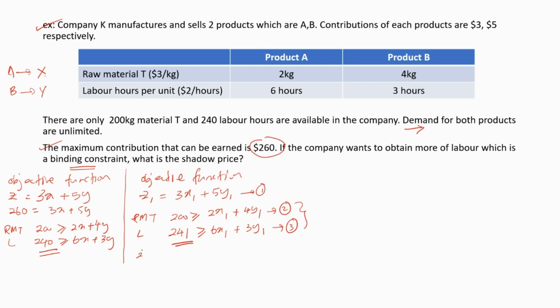I am going to multiply the second equation by 3. So 600 is equal to 6x1 plus 12y1. This is the fourth equation. Now I am going to deduct the third equation from the fourth equation.